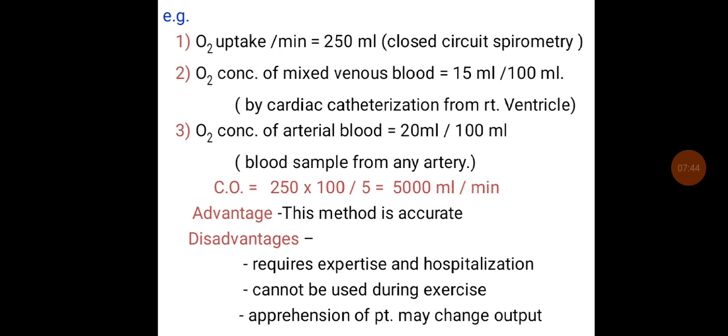The oxygen concentration of the arterial blood is 20 ml per 100 ml, and you can take the blood from any artery. So cardiac output ultimately calculated is around 5000 ml per minute by the Fick principle.